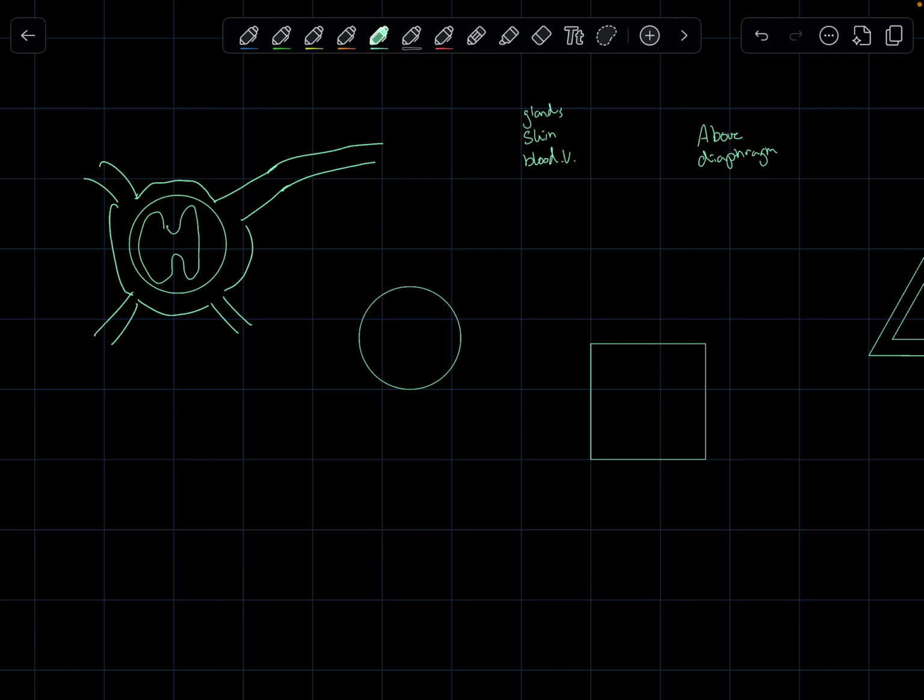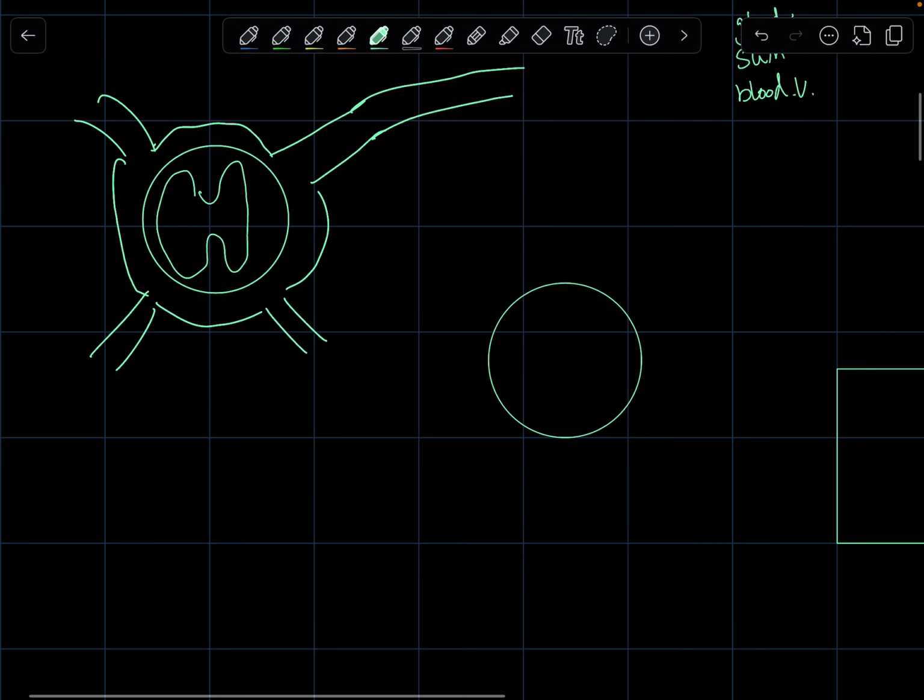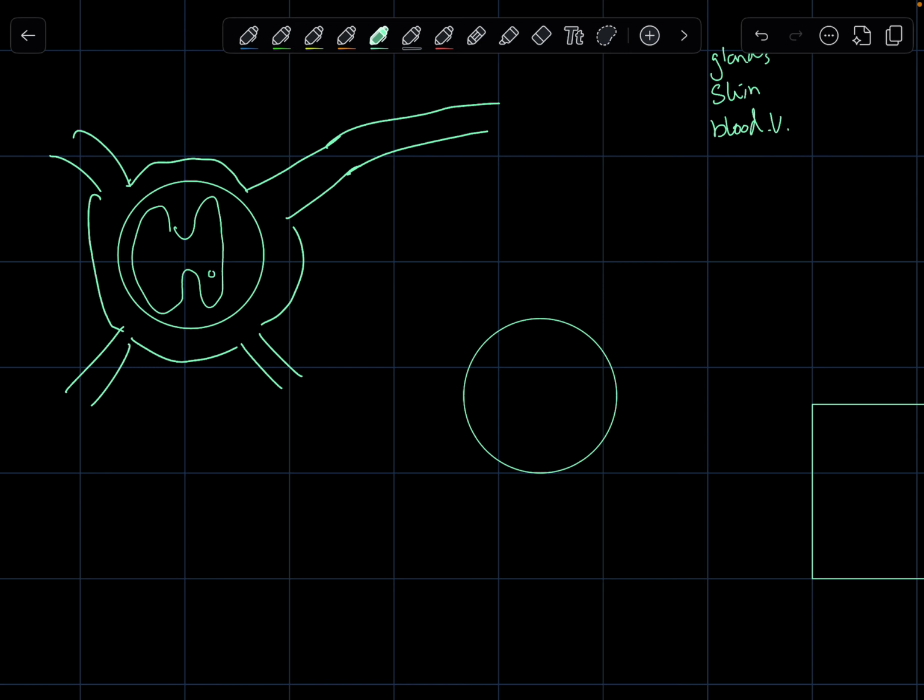And so we'll first start off. It starts off in the dorsal root ganglion. I'm going to start here. It'll come out, and then it will synapse here in the sympathetic chain ganglion.